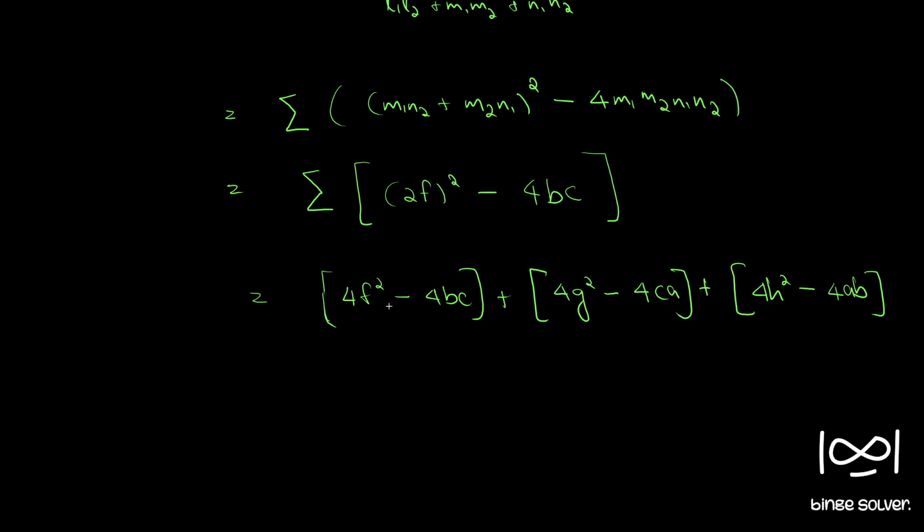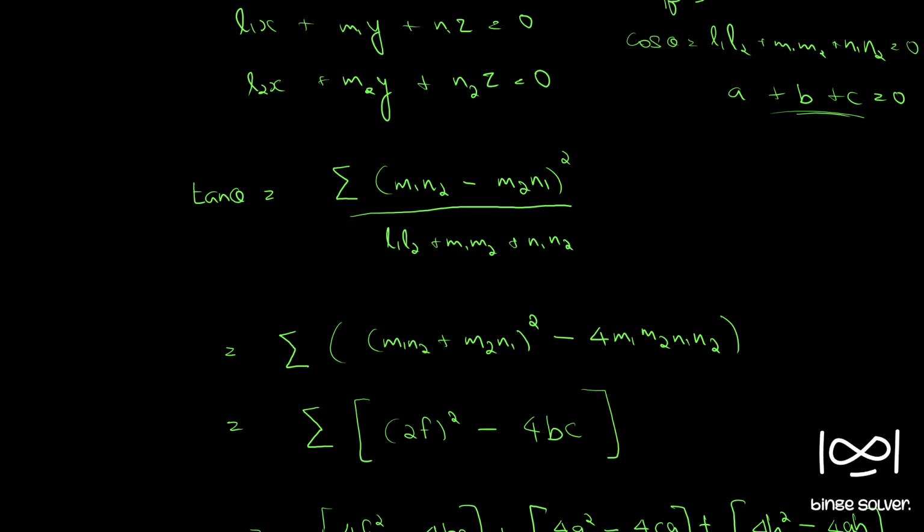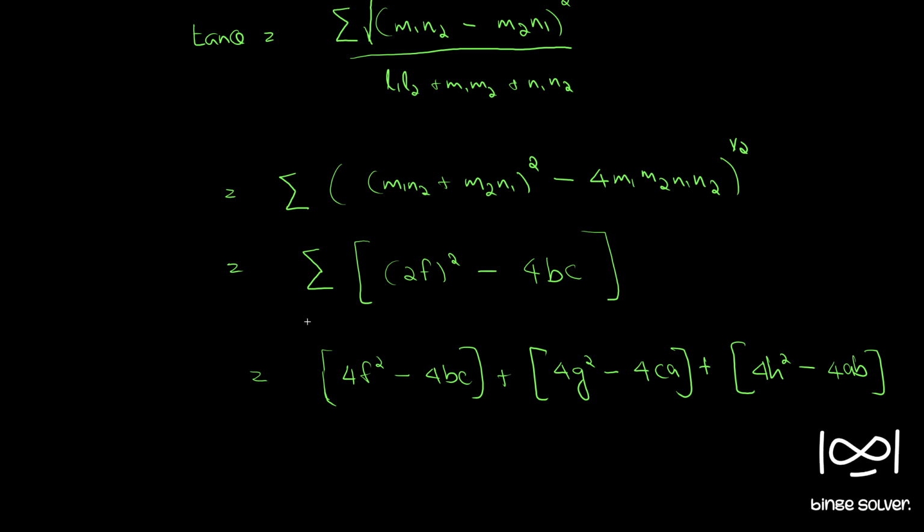This can be written as the total here, so it will be the whole square, and there is a root here, and a 1 by 2 is there.